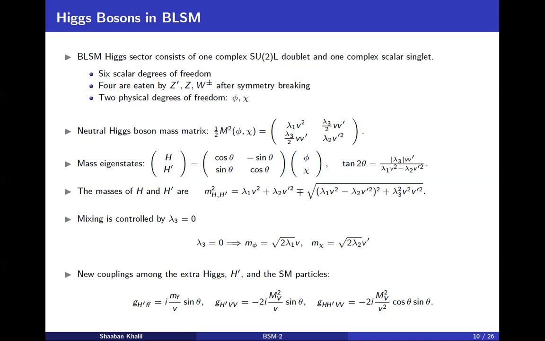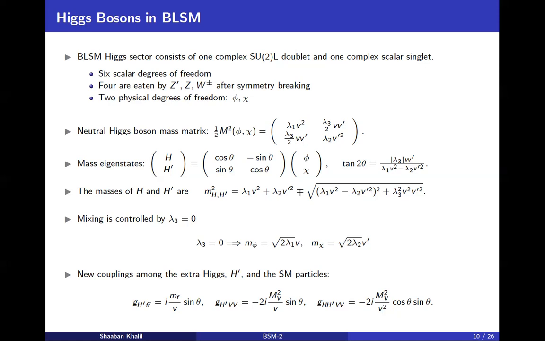Due to theta and lambda 3, now you could have a coupling to a fermion, for example top, H prime. Originally H prime, chi, has nothing to do with the top, but due to the mixing with the original standard model Higgs, now you could generate a coupling of H prime to top or fermions. And this will be similar to the standard model coupling, m_f over the vacuum expectation value, but times sine theta.